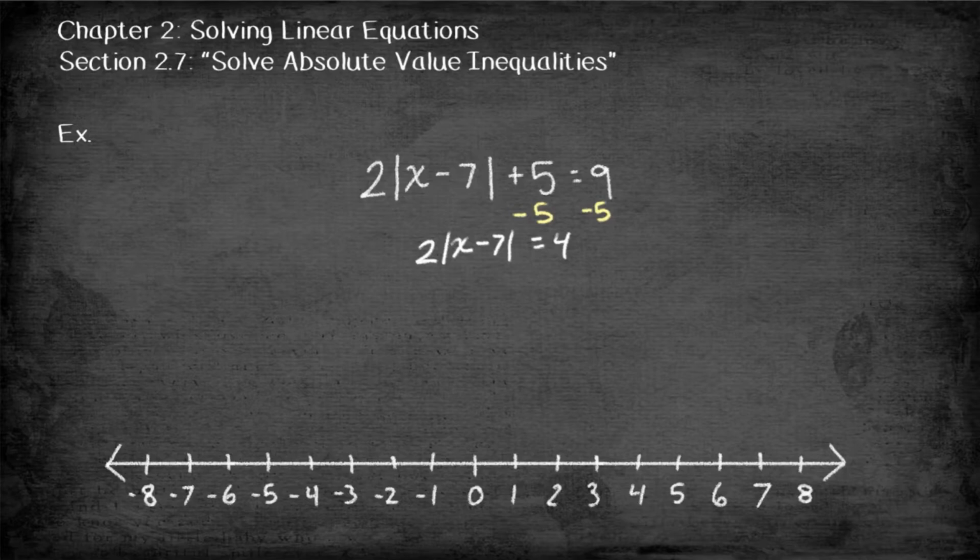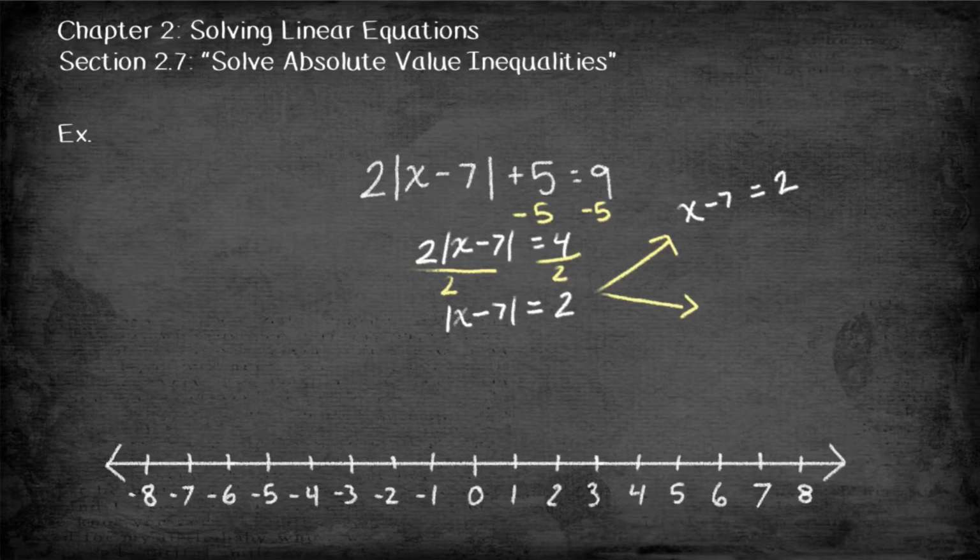Now what I'm going to do is divide by the coefficient of the absolute value. So we end up with the absolute value of x minus 7 equals 2. And now we get 2 equations, which again are pretty easy to solve.